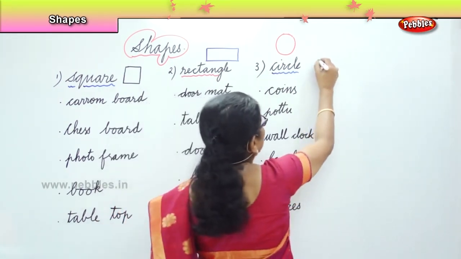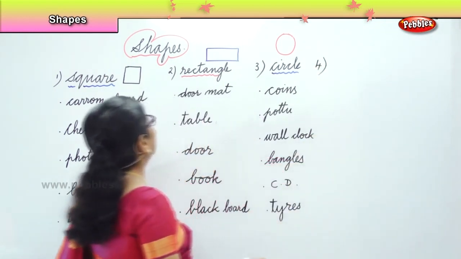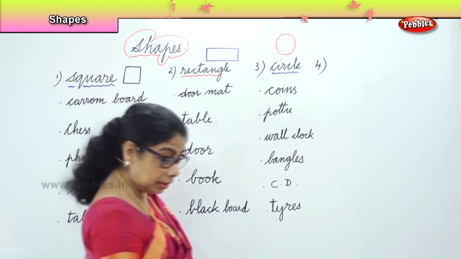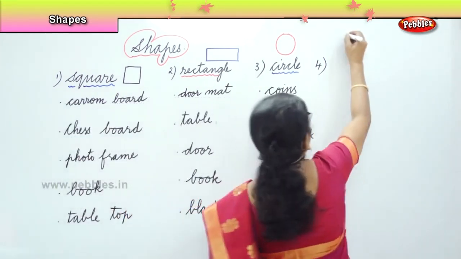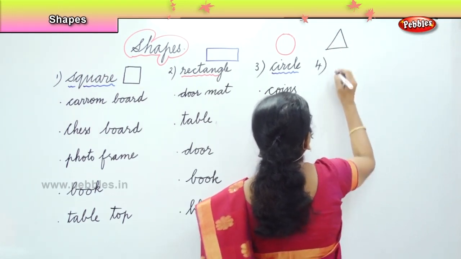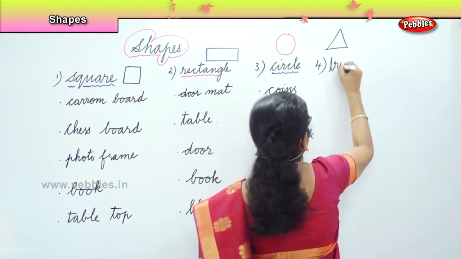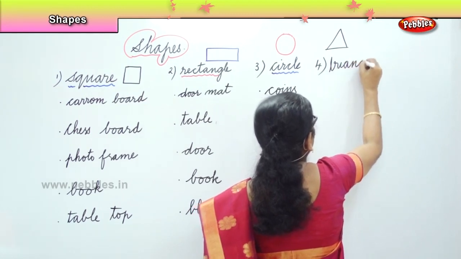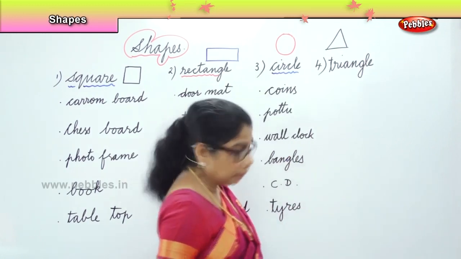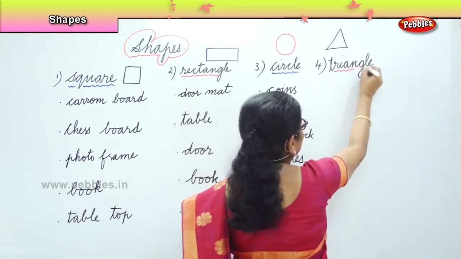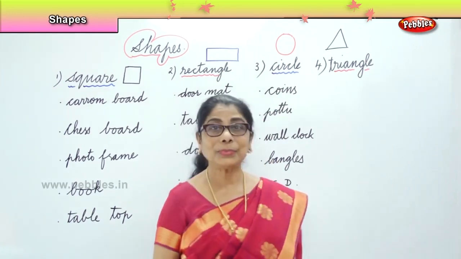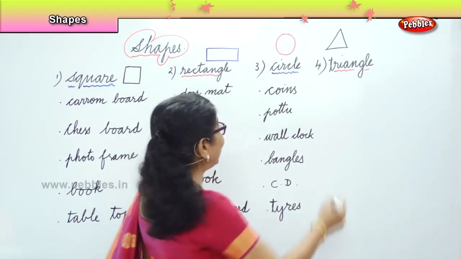And finally, we have another shape. You have square, rectangle, circle, and then you have, what is it? Triangle. You have triangle. Now, in triangle shape, think of all the items that are triangular. Come on, let's see. One, you think of your party cap.